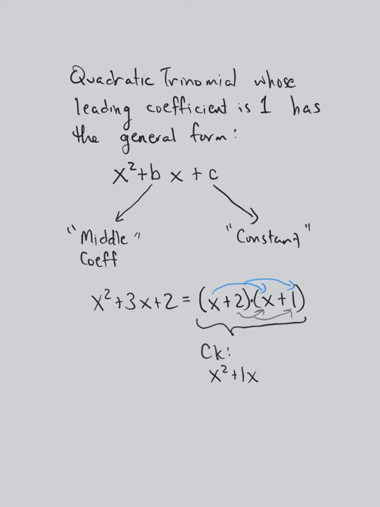Now I'm going to distribute the 2, and so I get plus 2 times x, and then plus 2 times 1, which is just 2. And notice these two middle terms are like terms, and so they combine to give me that 3x plus 2.